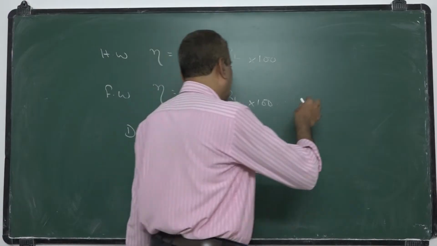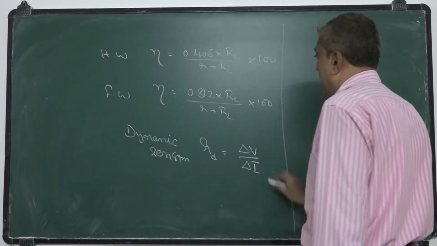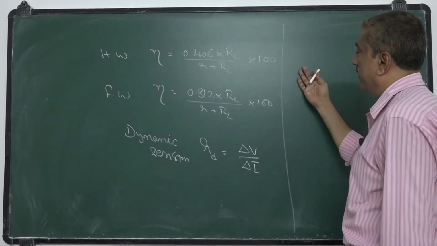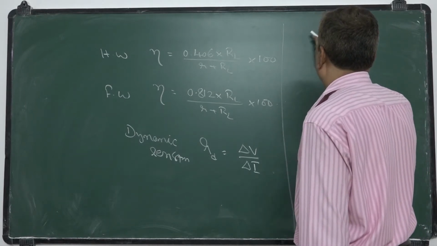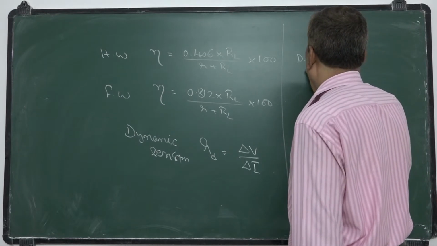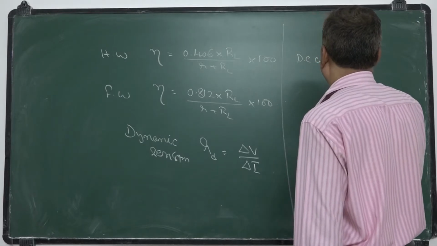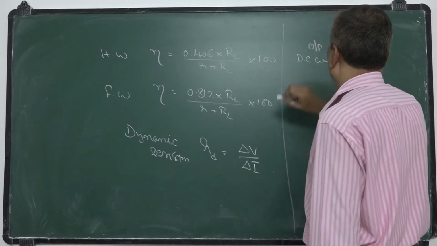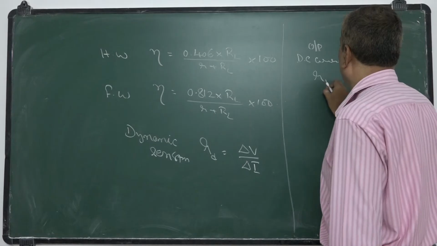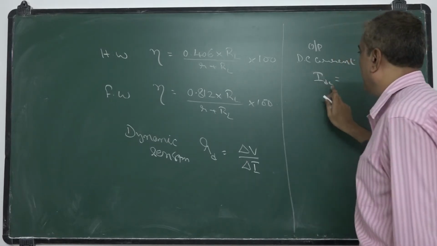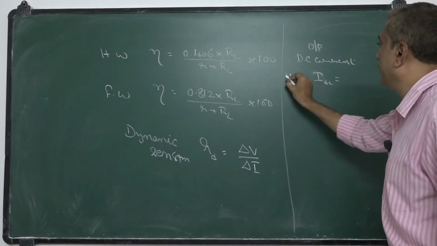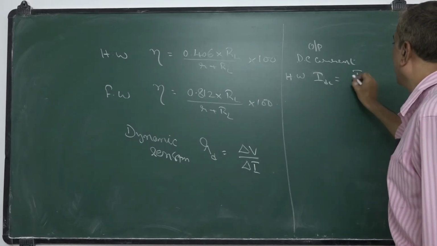Next, when the diode is used as a rectifier, the DC output current IDC for a half wave rectifier is I naught by pi.